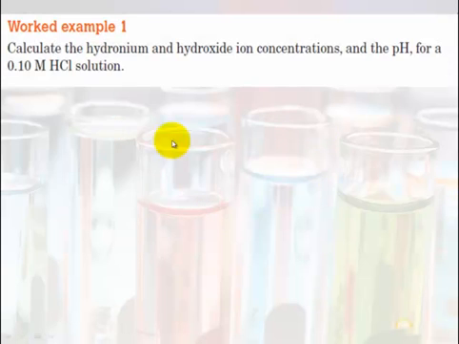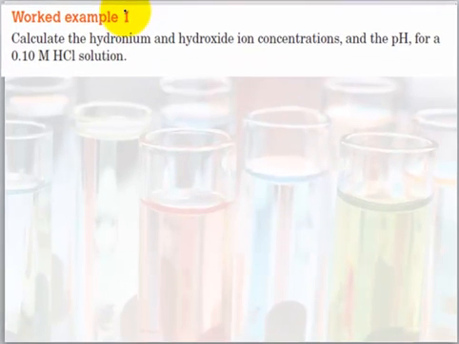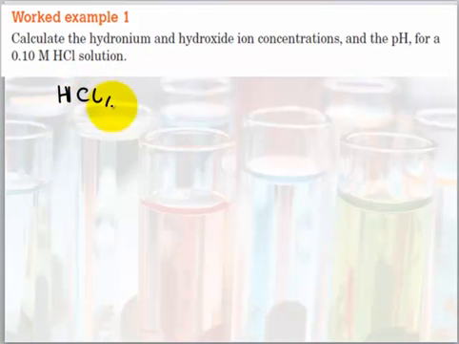So first question here, calculate the hydronium and hydroxide ion concentrations and the pH for a 0.1 molar HCl solution. So the first thing you want to think about is what's happening. So you've got hydrochloric acid, which is a gas.